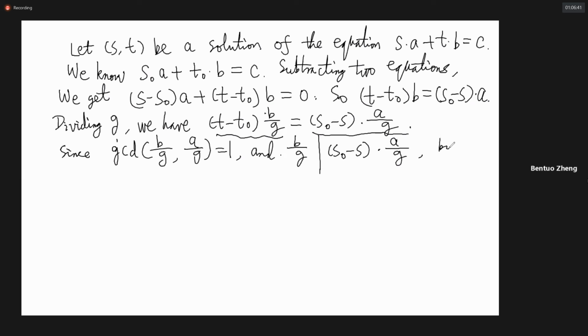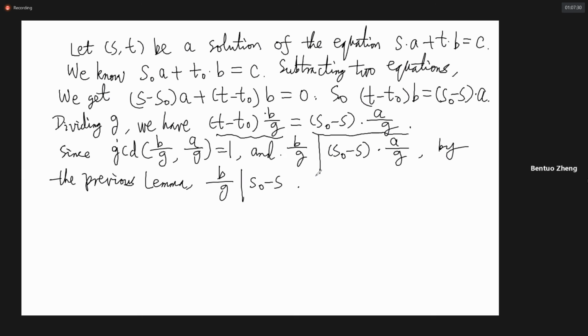So by the previous lemma, when an integer divides the product of two integers and is co-prime with one of the factors, then it divides the other. So this B over G would divide S0 minus S. So what does this mean?